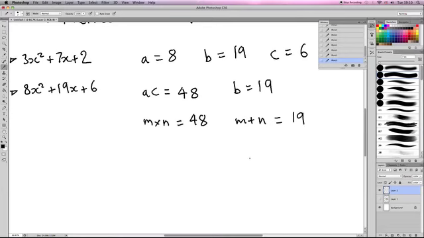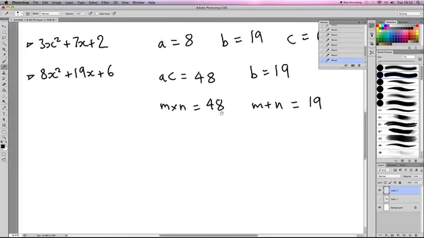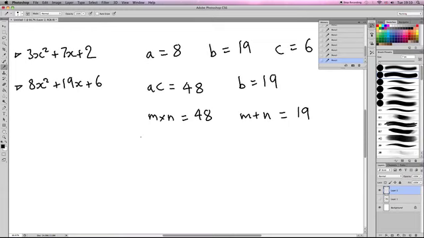Ooh, I actually can't remember this. Let's think about this. What factors have I got for 48? I've got 2 and 24. That doesn't work. What's the next one? 4 and 12. 4 and 8. What's the multiple of that? 7. So I do 4 and 7. Can I do 4 times 7?